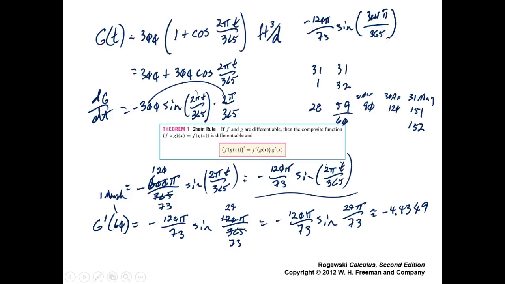Okay? I don't know of anything that'll reduce there, so just plug it in and see what you get. Negative 120 pi divided by 73 times the sine of, open parentheses, 304 pi divided by 365, close your parentheses, press equals, see what you get.